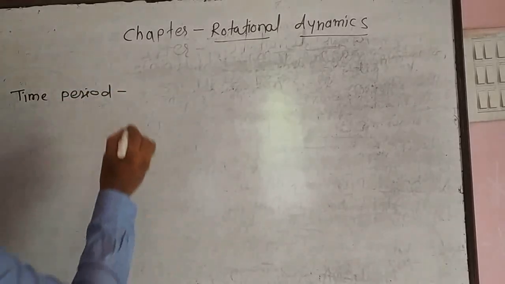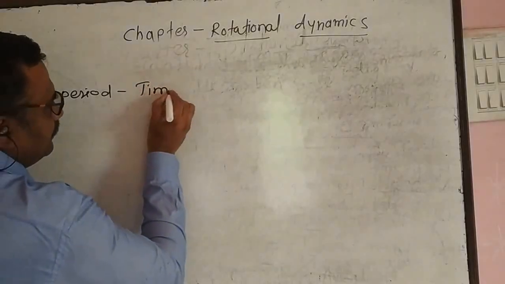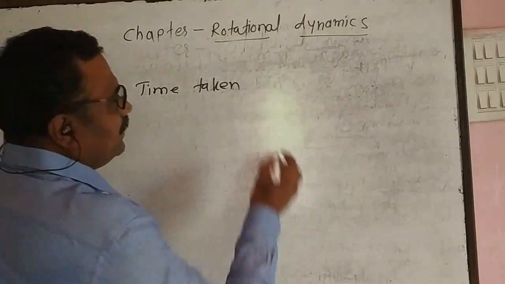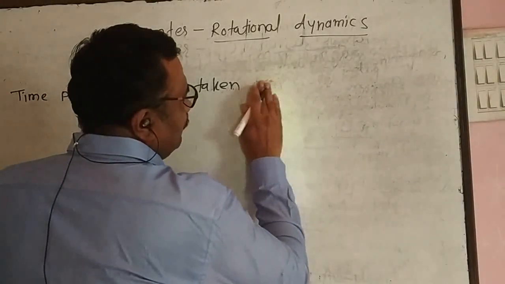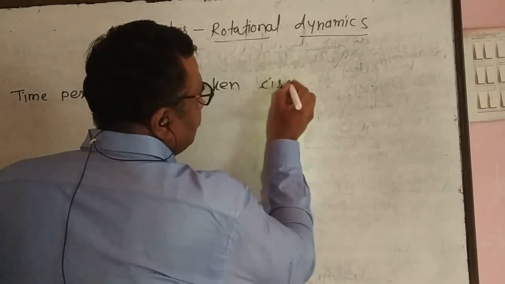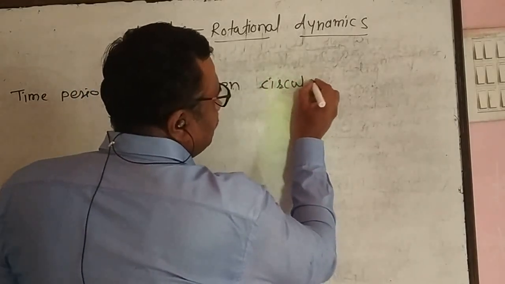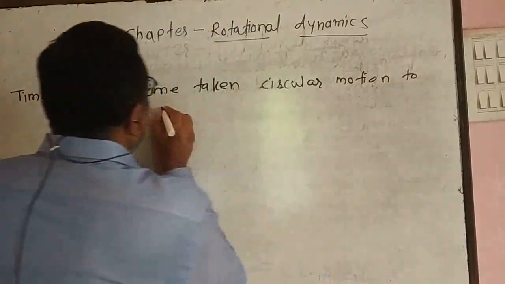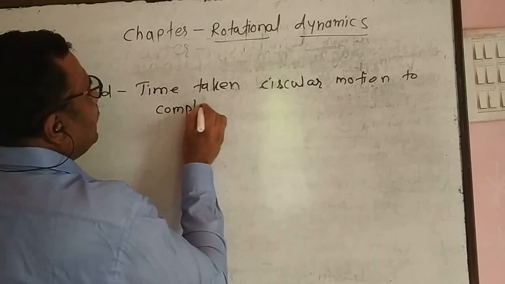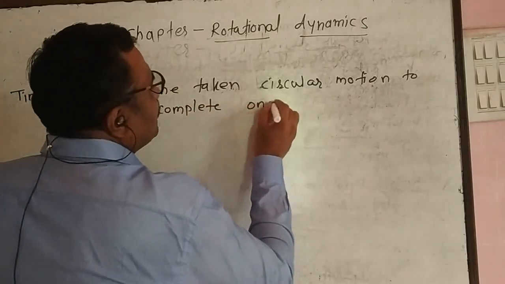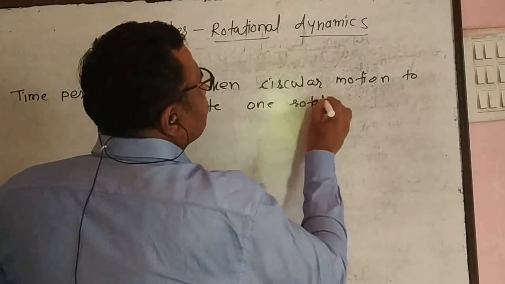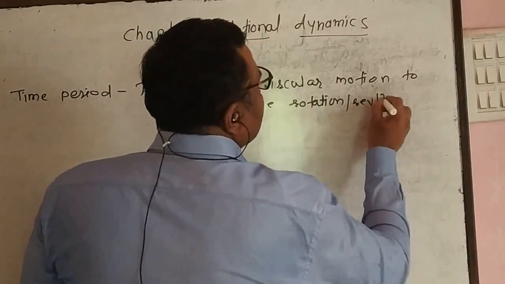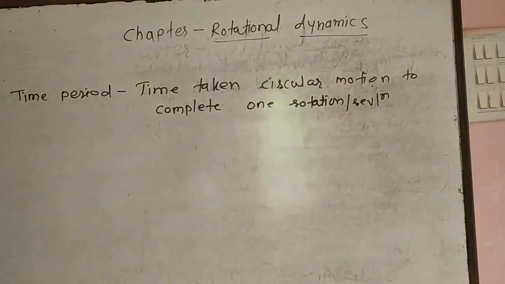It is the time taken by the particle performing circular motion to complete one rotation on the circumference, or one revolution. It is known as time period.